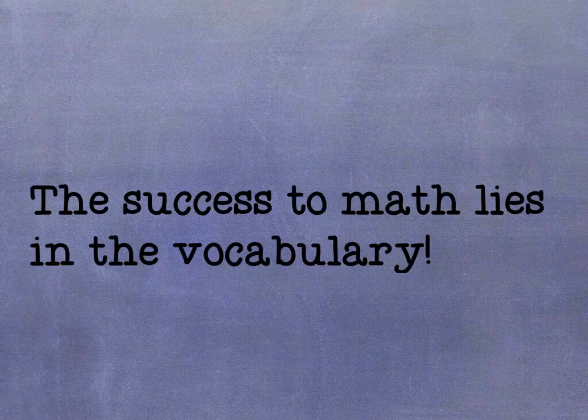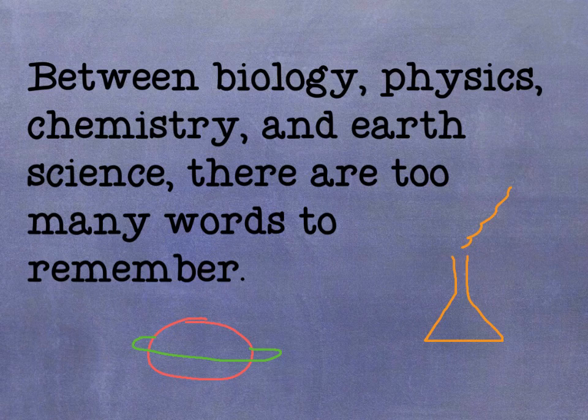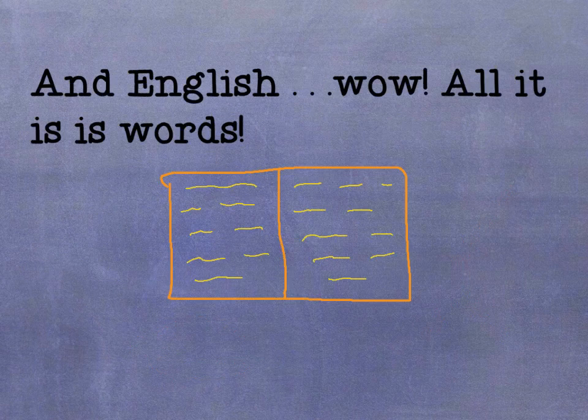The success to math lies in the vocabulary. Trust me on this. Between biology, physics, chemistry, and earth science, there are too many words to remember to keep all the sciences straight. In English, wow, all it is words.